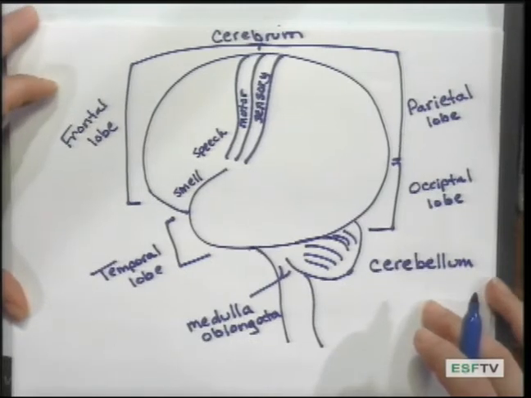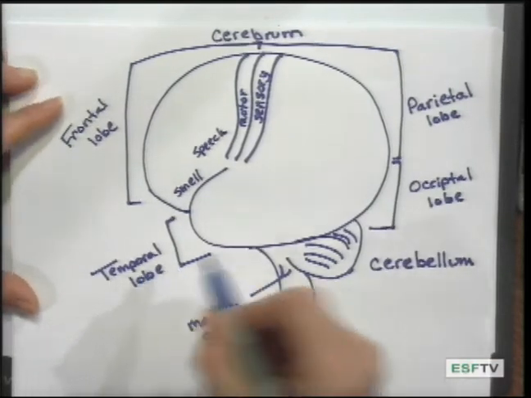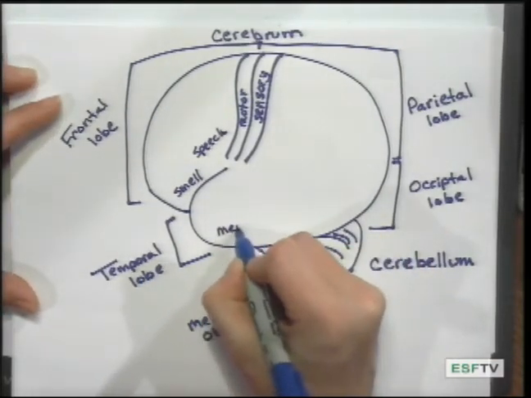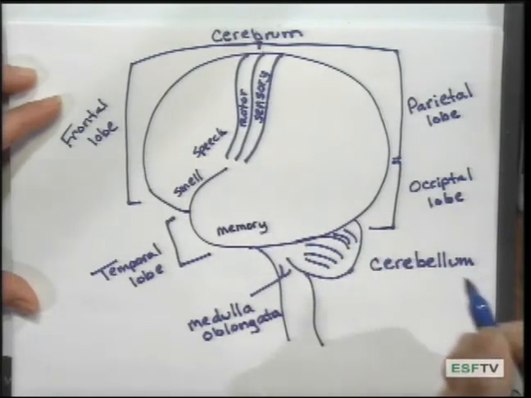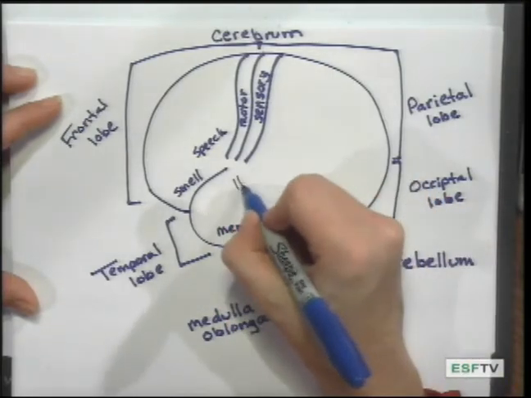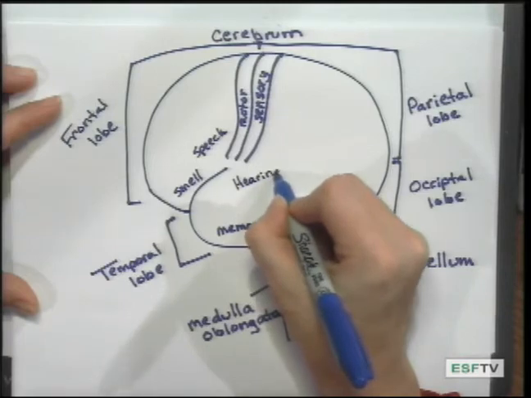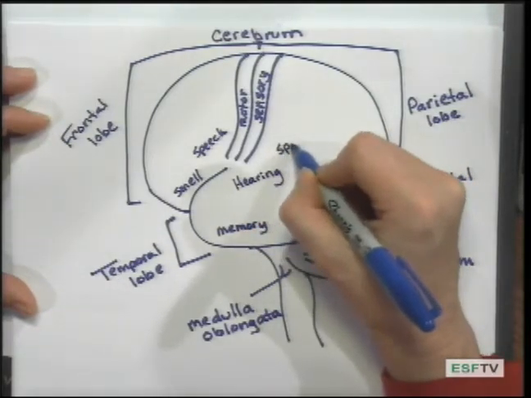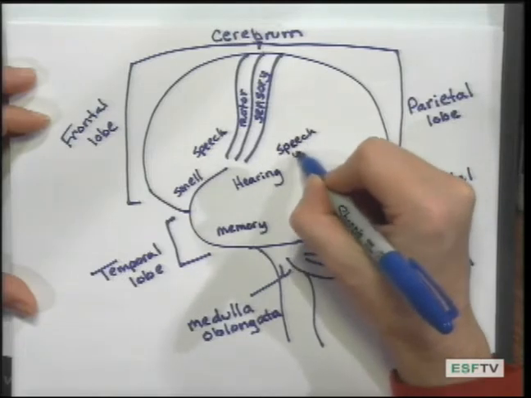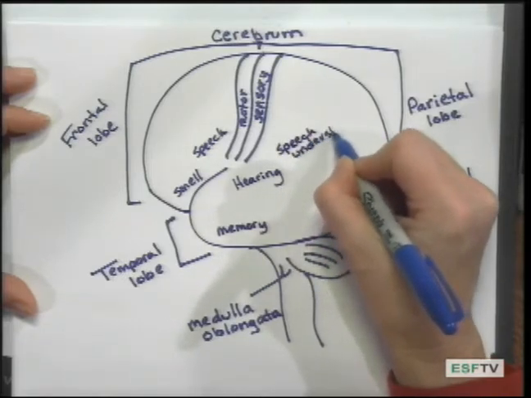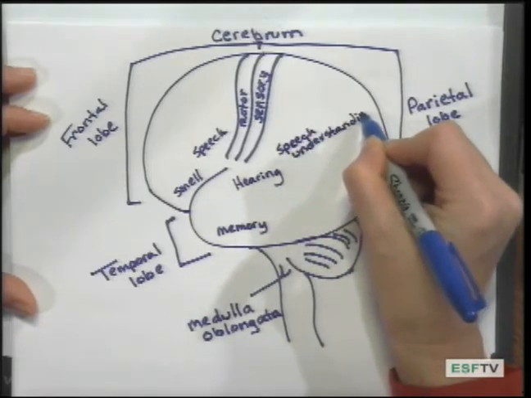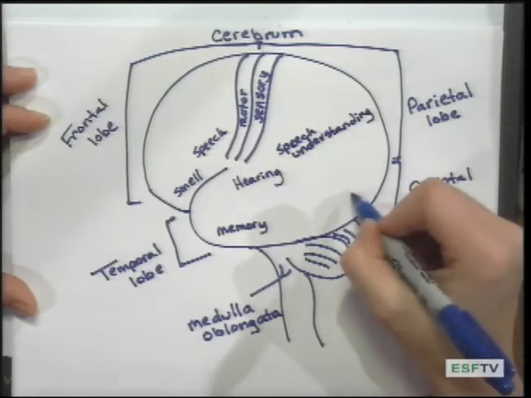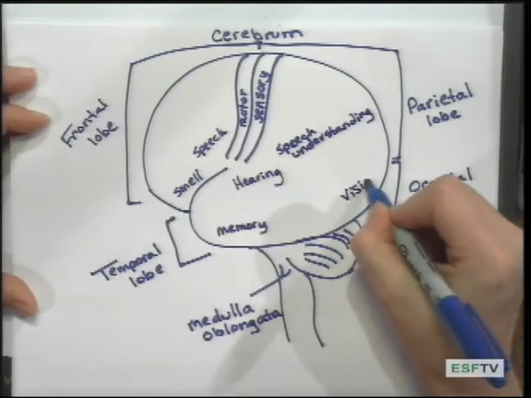In the temporal lobe, it's been associated with memories and memory formation, as well as hearing. In the parietal lobe, you have speech understanding. And in the occipital lobe, it's associated with vision.